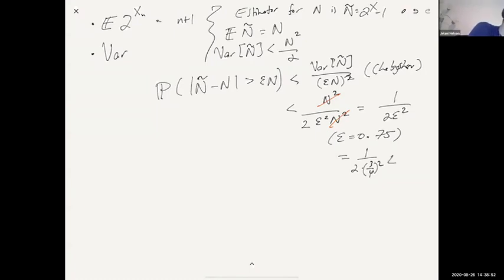I think it's less than 1, yes. So in particular, it's 4 squared over 2 times 3 squared, which is what? 8 over 9? Okay. So this is the probability that I fail. So I fail with probability at most 8 over 9.